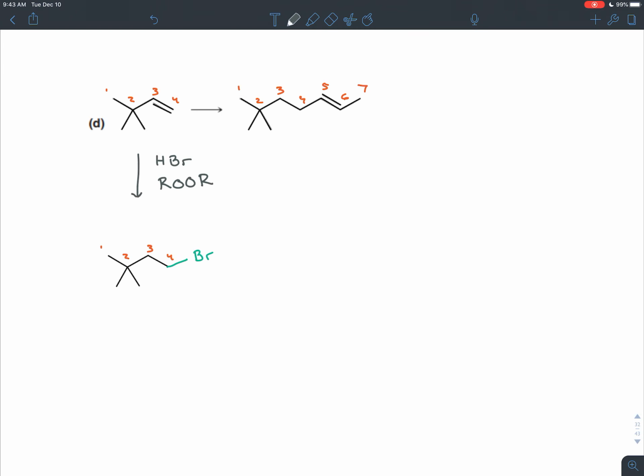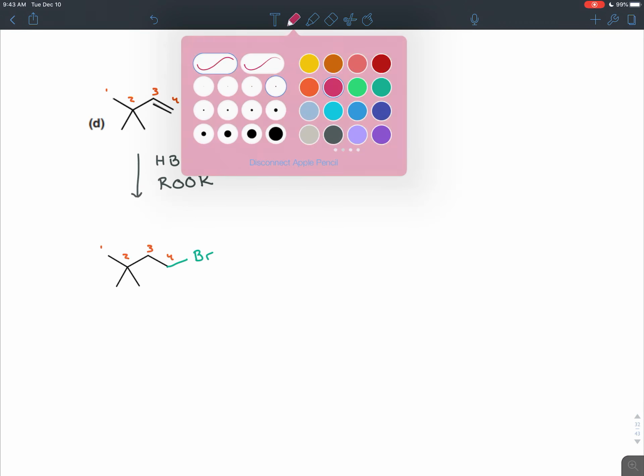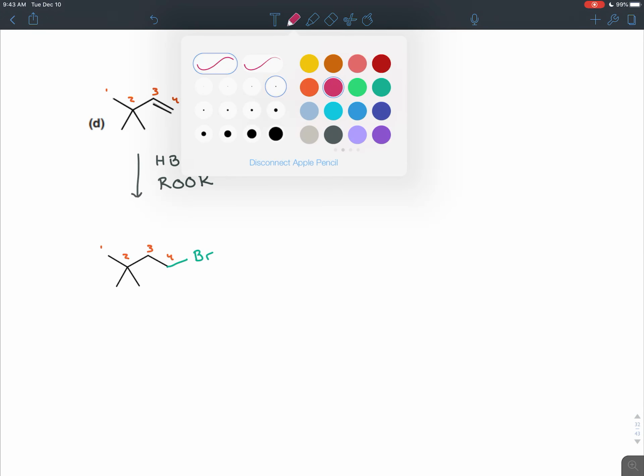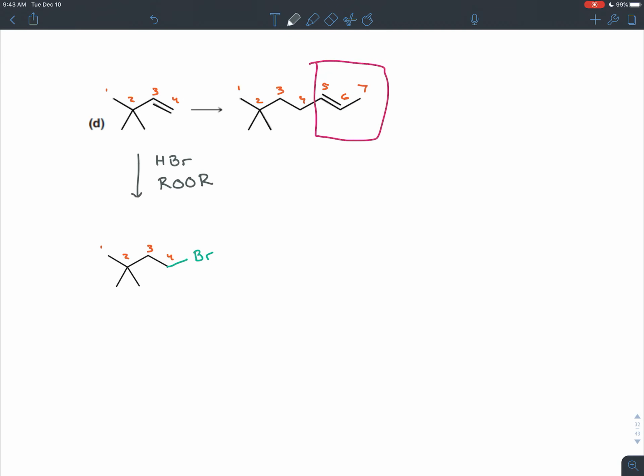Now next, let's think about what we want to add. We want to add this group right here, carbons 5, 6, and 7. So 3 carbons, but it needs to have a terminal alkyne.